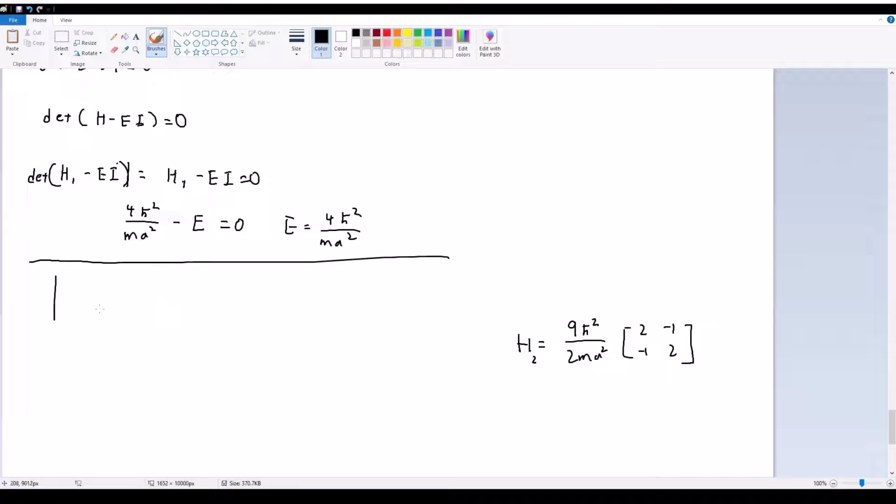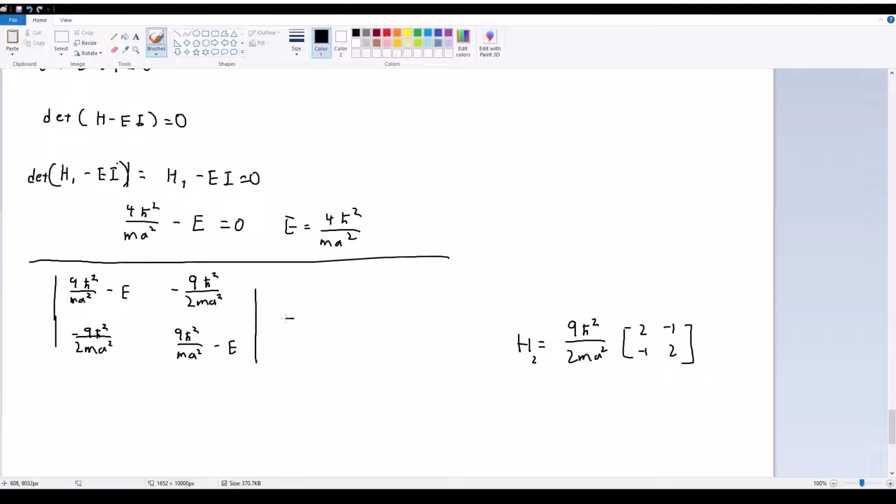My matrix is going to be: the 2's cancel out for the first term, so 9 h bar squared over ma squared minus E. It's an identity matrix, so the off diagonals, nothing happened to them, so this off diagonal is negative 9 h bar squared over 2ma squared. Same thing with this off diagonal, negative 9 h bar squared over 2ma squared, and this term is the same as the first, 9 h bar squared over ma squared minus E.